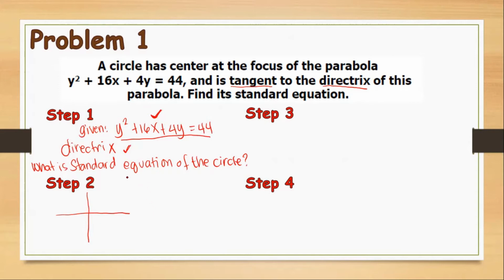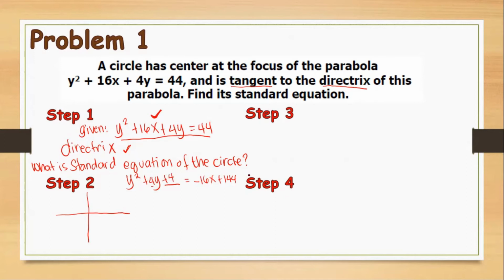Completing the squares, y squared plus 4y blank equals negative 16x plus 44. Take note that the third term here is the square of half of your second term. Half of your second term is positive 2, then positive 2 times positive 2 is equal to 4.